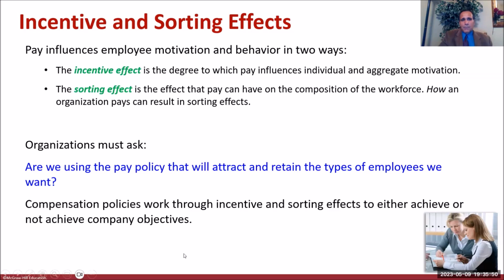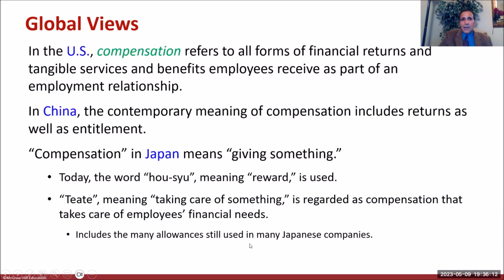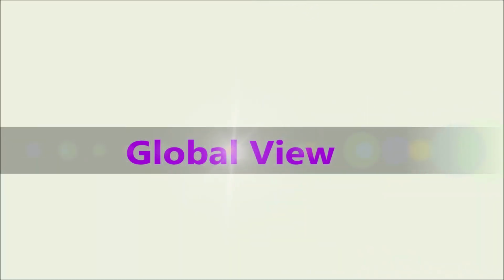So these compensation policies work through incentive and sorting effects to either achieve or perhaps not achieve the company objectives. Obviously, if you're not achieving your company objectives, somebody has to be held responsible, and somebody has to be delegated the responsibility of bringing about those positive changes.